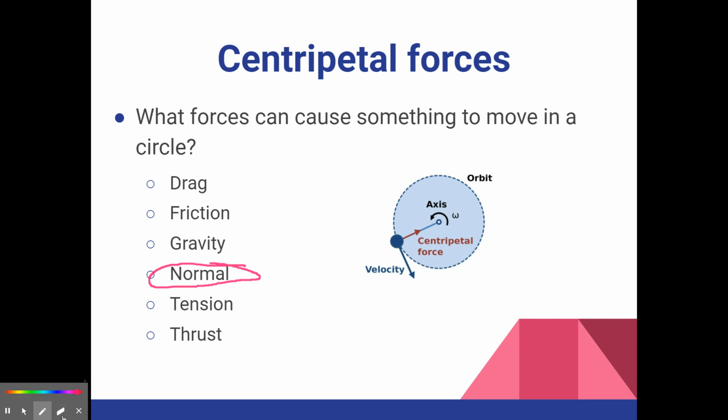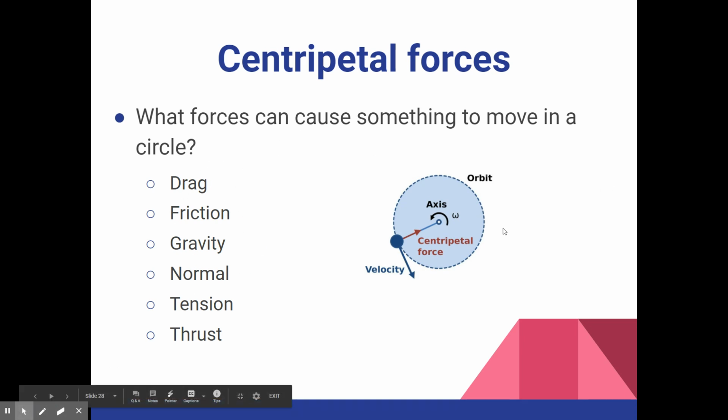And then, as we just talked about, the friction force would be a great example of where the centripetal force is equal to the friction force, say, a wheel or tire moving across the ground. So these are all great examples, and all of these can be equal to centripetal force, but it does depend upon the situation.